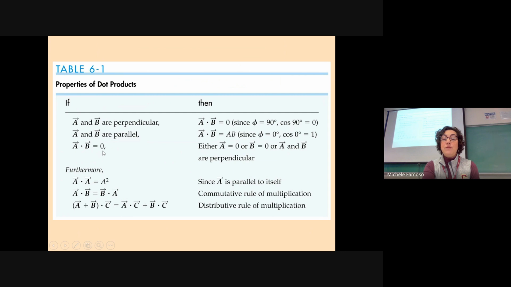And you can get a dot product result of 0 if either vector A's magnitude is 0, or vector B's magnitude is 0, or if they're perpendicular to each other. So there are three ways to get a 0 result with a dot product. Of course, the table also shows you some other properties, like the distributive property, the commutative rule still works, and the dot product of a vector with itself.